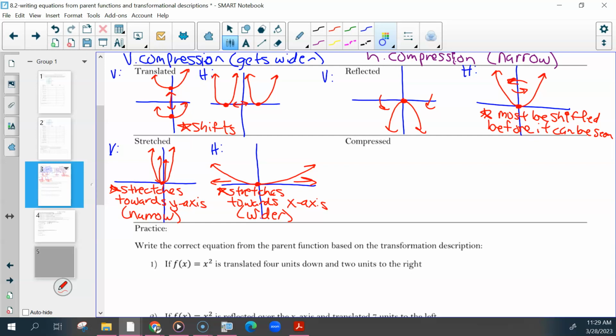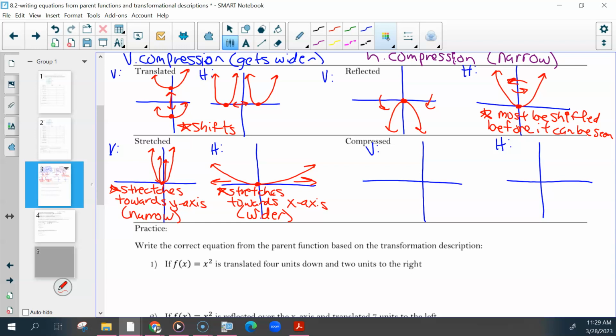And then we're going to draw the last two for compressed. And we talked about vertically compressed, how it's going away from the y-axis.